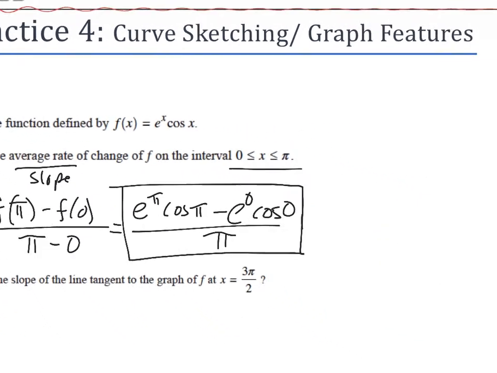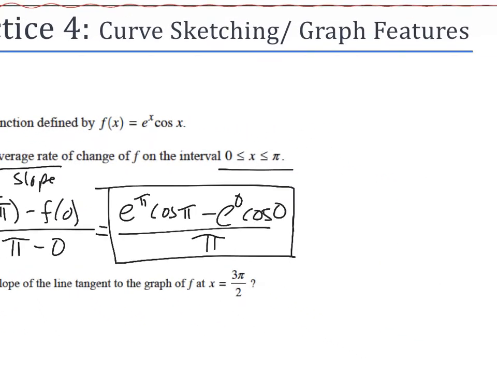Now, if you want to, and it's an easy and safe simplification, you can. We should know cosine of pi is, actually, negative 1. And e to the 0 is 1.